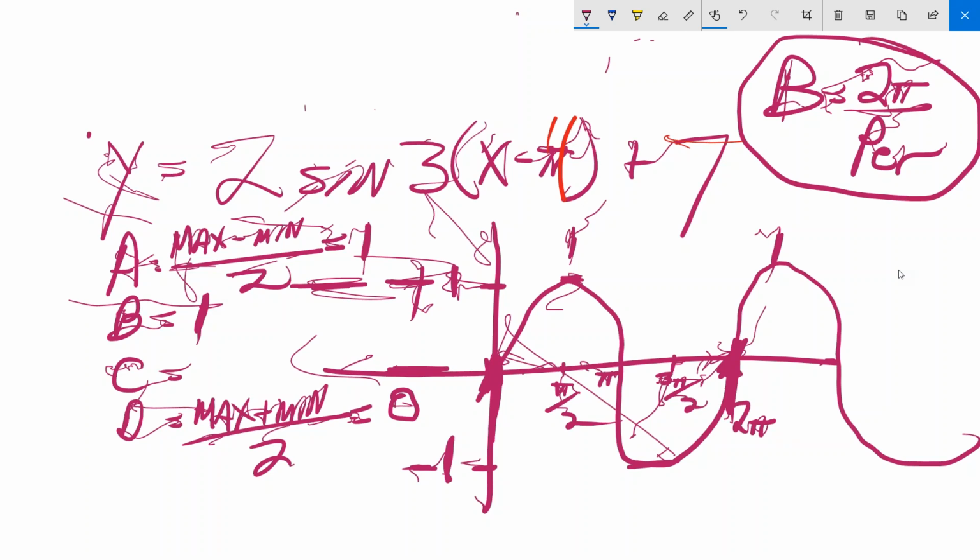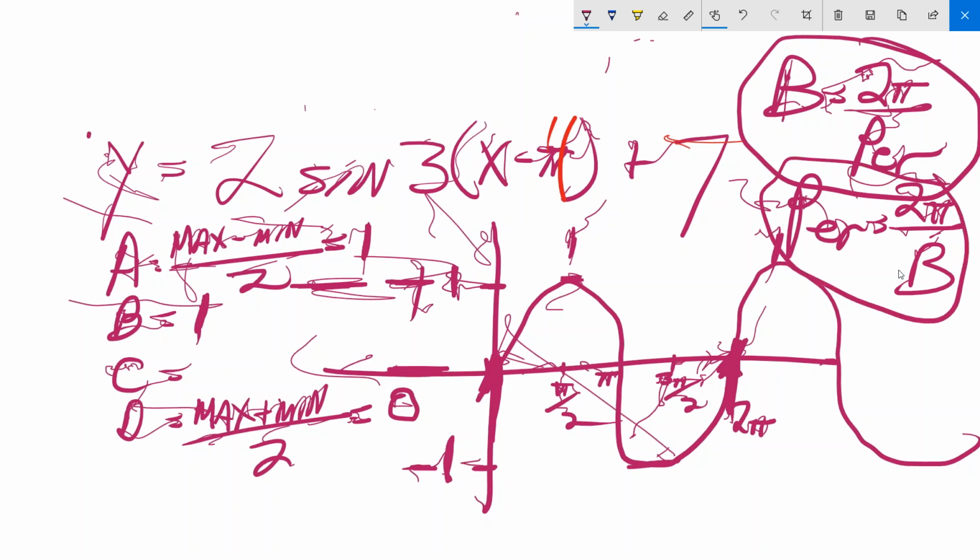And if B equals 2 pi over the period, then the period equals 2 pi over B when you're going the other way. You only need to memorize one. If you can memorize one, then you can solve for the other.